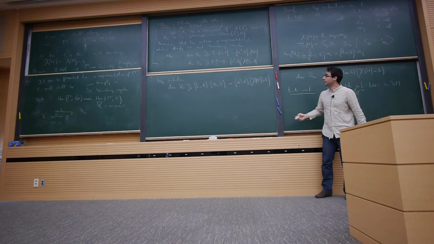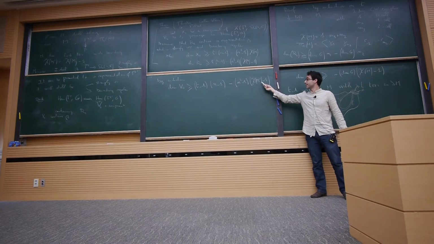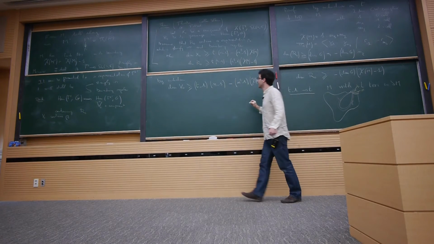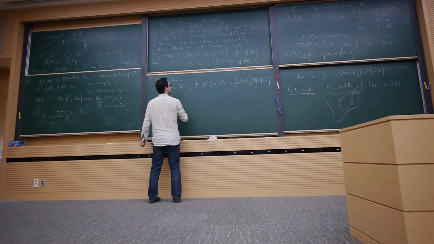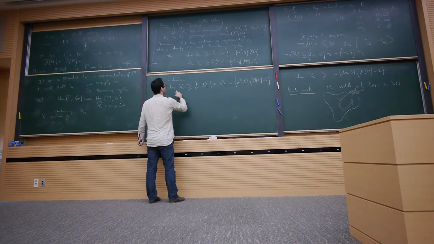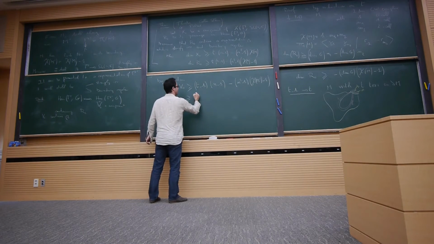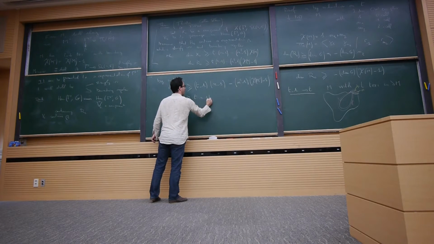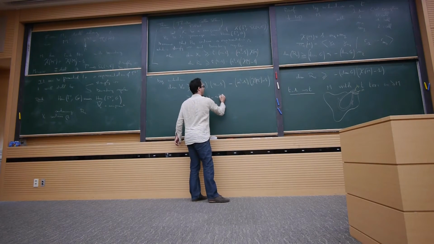And I have the Euler characteristic of n prime. Okay, so let's write it in this way.